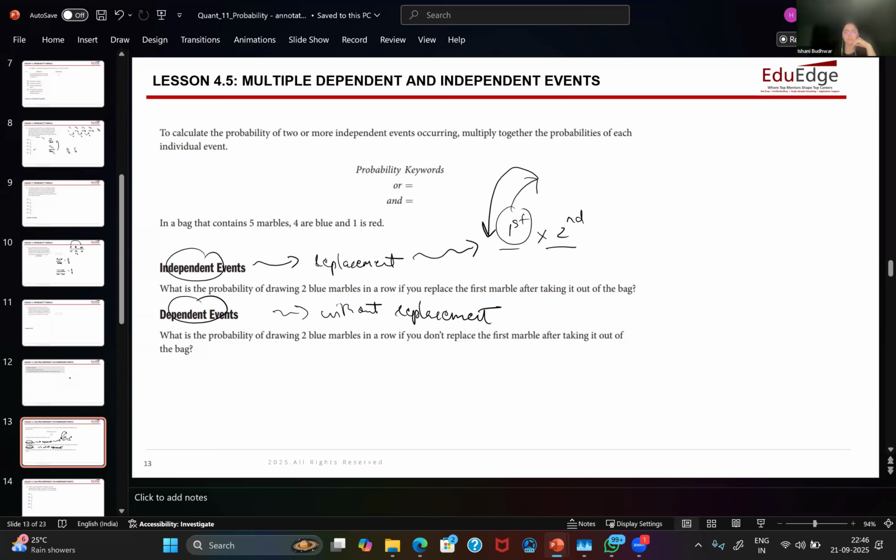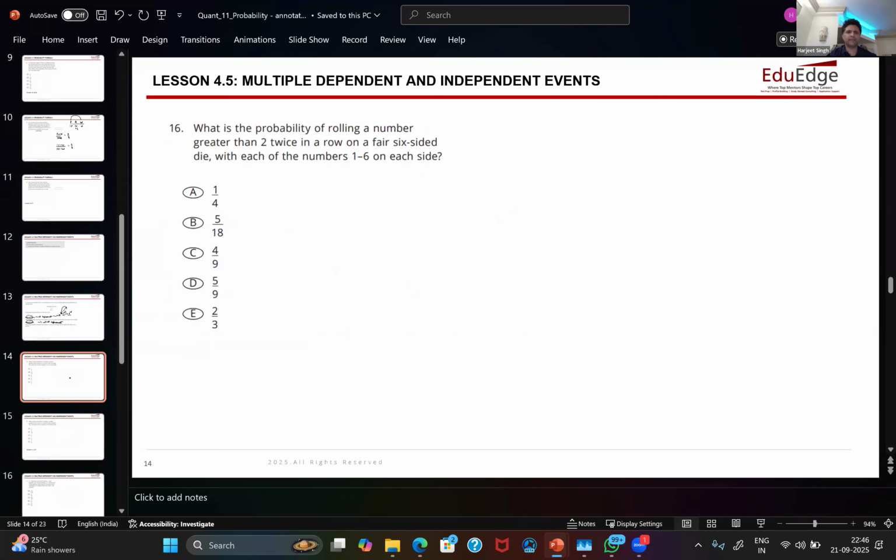Let's solve a problem on this. What is the probability of rolling a number greater than 2 twice in a row on a fair 6-sided die with each of the numbers 1 to 6 on each side? There's a die with 6 outcomes, numbers 1 all the way to 6. Twice in a row: I do this once, then again.